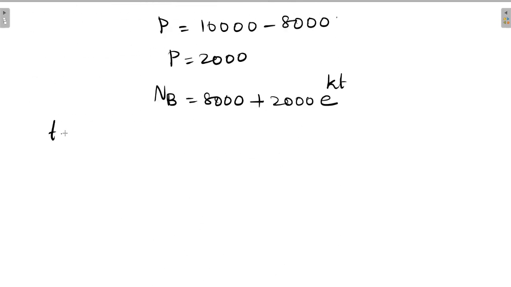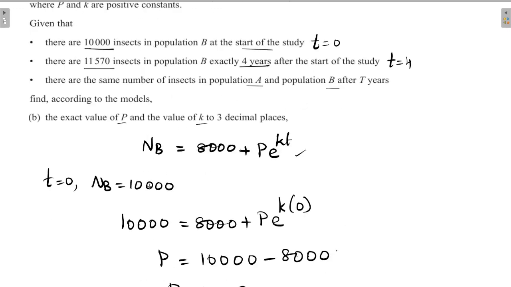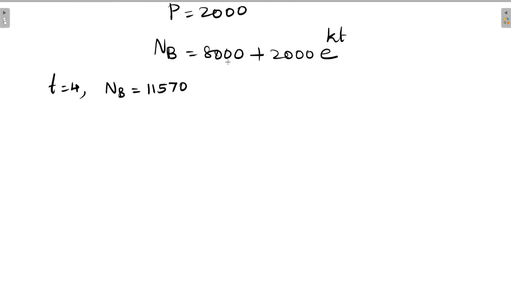So replacing T with 4, 11,570 equals 8,000 plus 2,000 e power 4k.